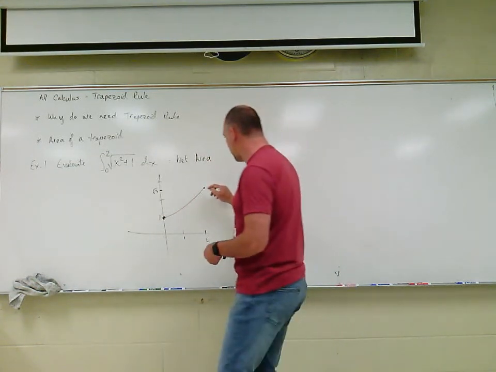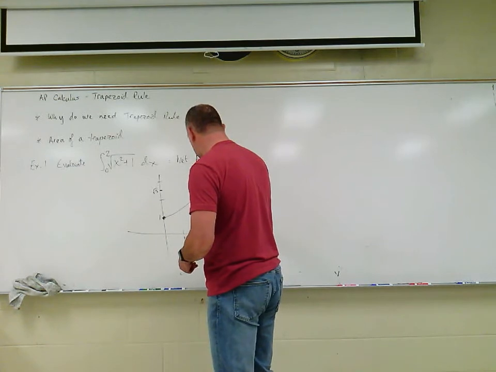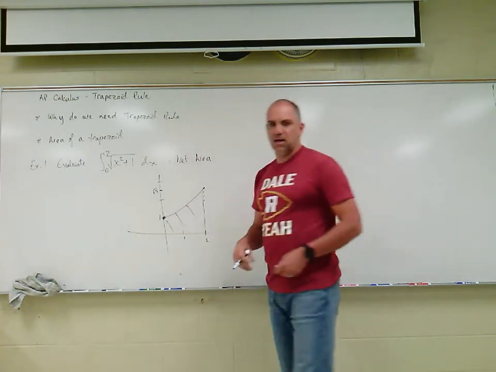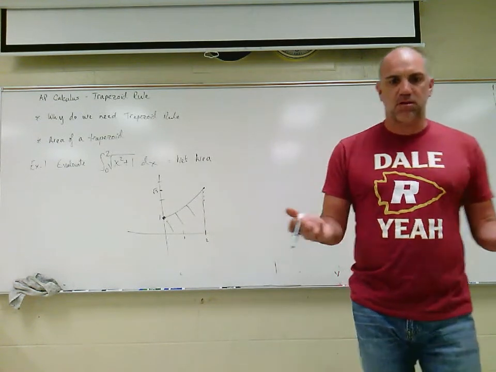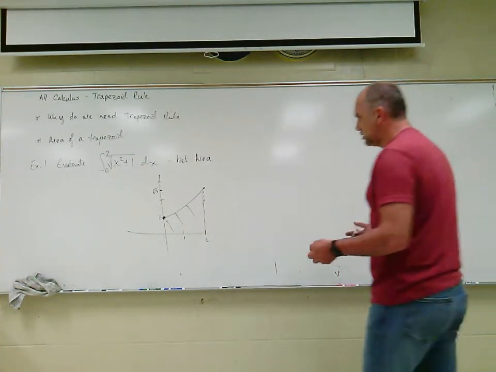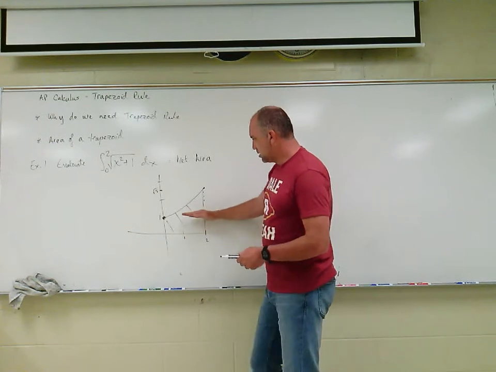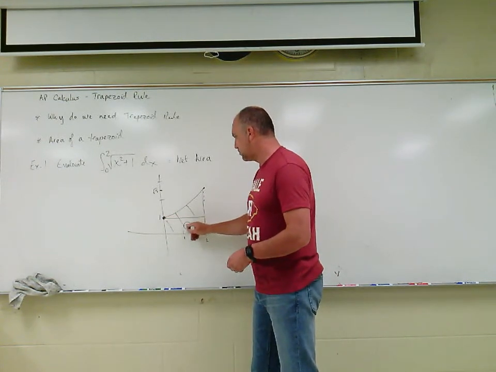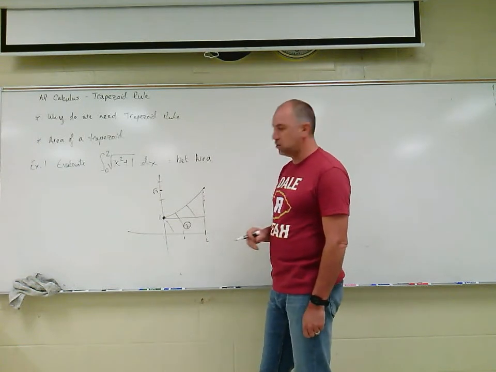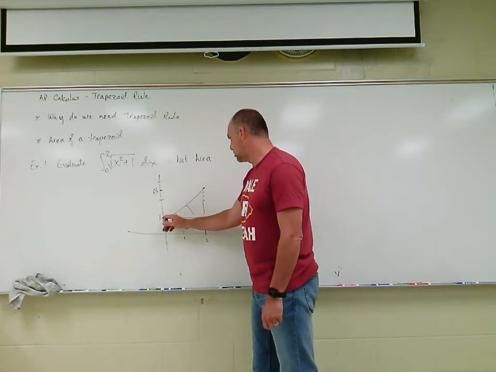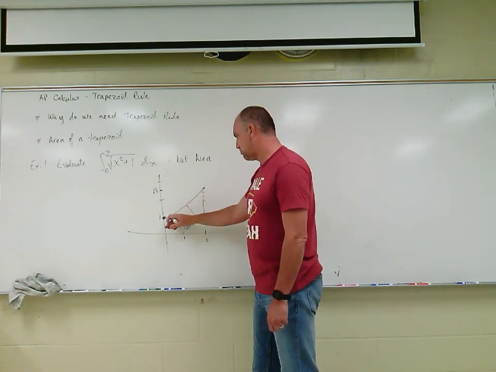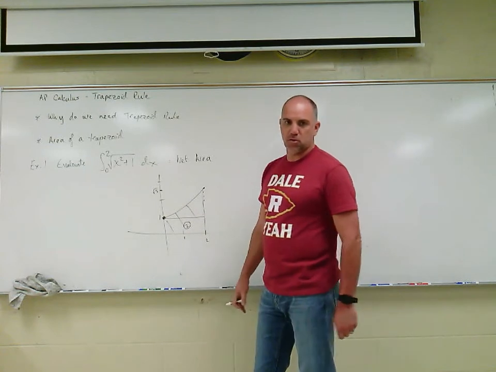So we're trying to find this net area. If we wanted to guess, we could easily guess. We can see that this is a rectangle that has an area of 2 by 1, and then this is a 2 by about 2.4-ish, and like half of a triangle.